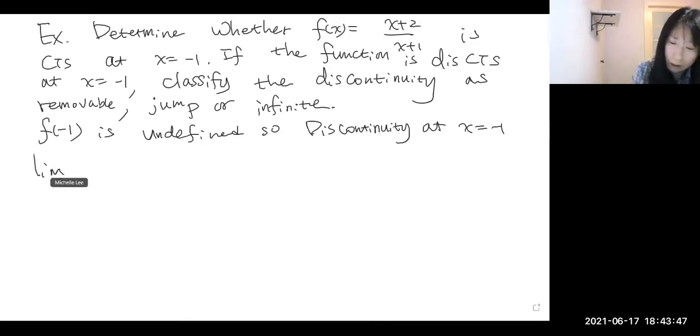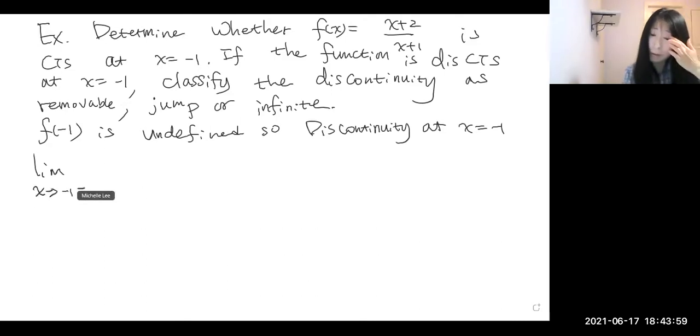So, one-sided limit. x approaches -1 from the left. I gave you a tip last time.